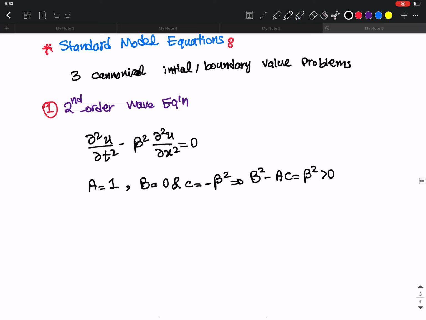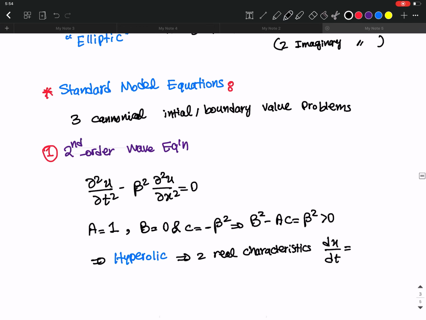So this tells me that the type of this equation is hyperbolic, and we are going to have two real characteristics, and they are going to be dx over dt.